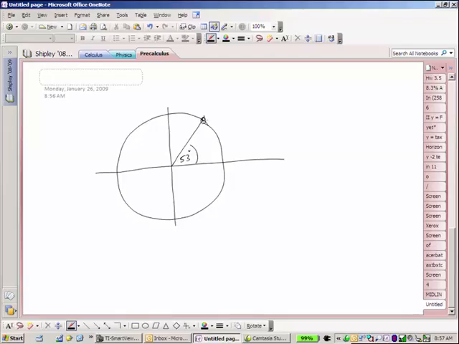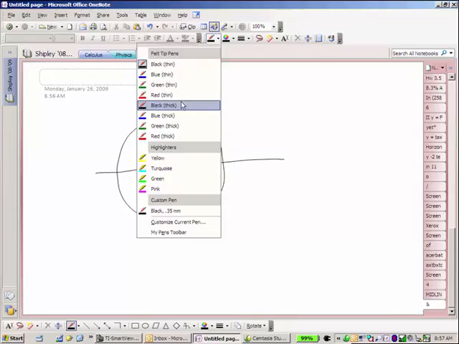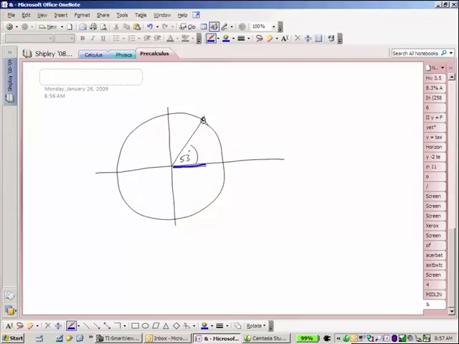Cosine is talking about what? Up and down or left and right? Left and right. So we're talking about the x value. So we want to know at what angle Anne would have the same x value.